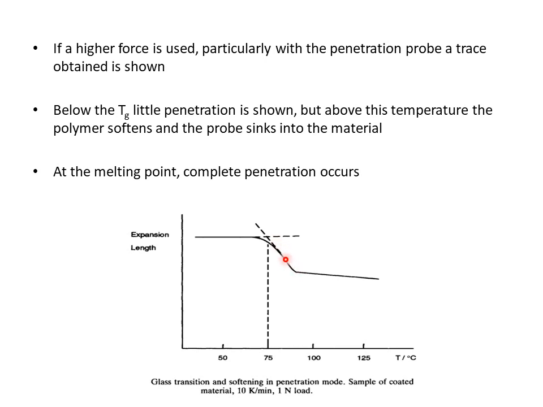If we extrapolate both of these curves, then they join together at this point, and this is called the glass transition temperature. And if we continue heating this material to still higher temperature, then we get the melting point. At the melting point, there is complete penetration of the probe into our sample.